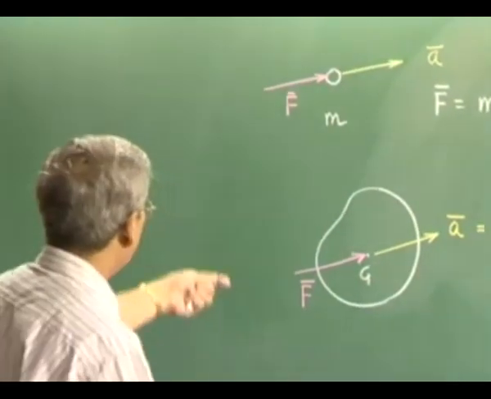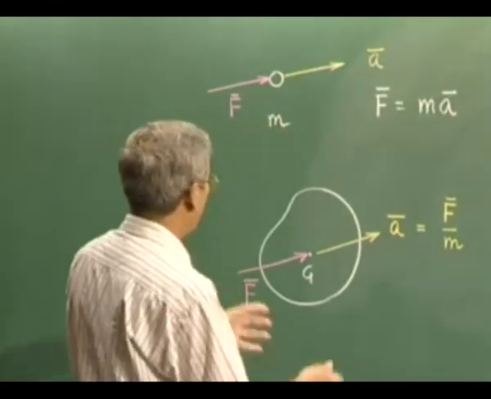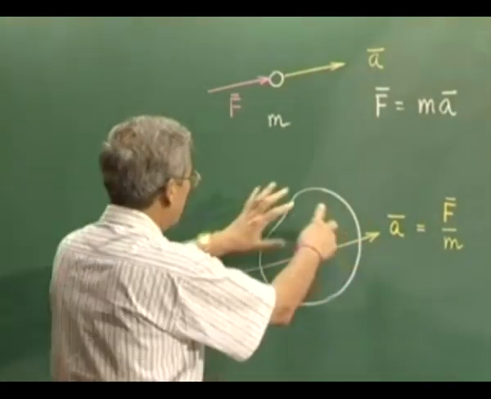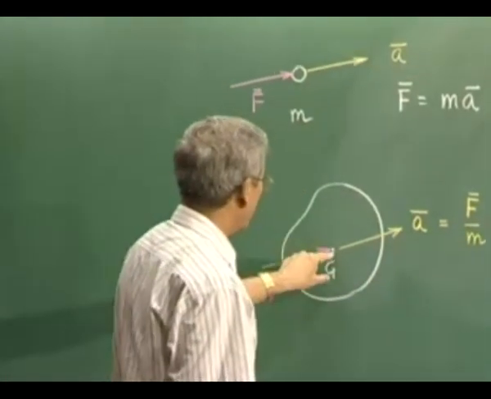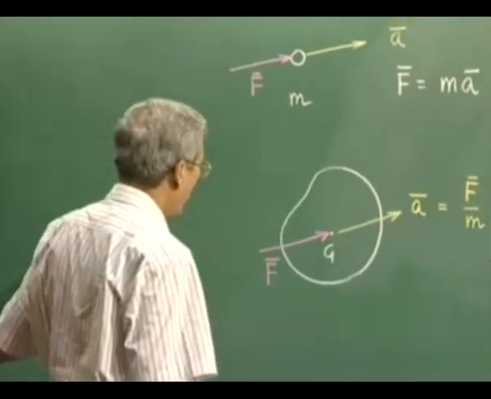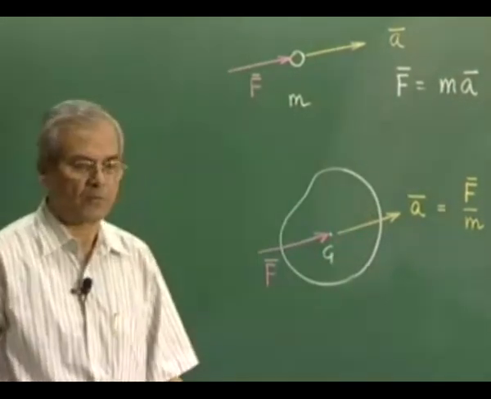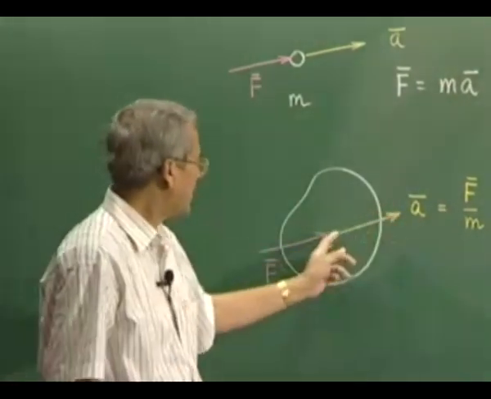So this case is very similar. In translational motion, the rigid body behaves like a particle, as if the whole mass has been concentrated at the center of mass, where the resultant of all the external forces is acting, and the acceleration of the center of mass will be this.